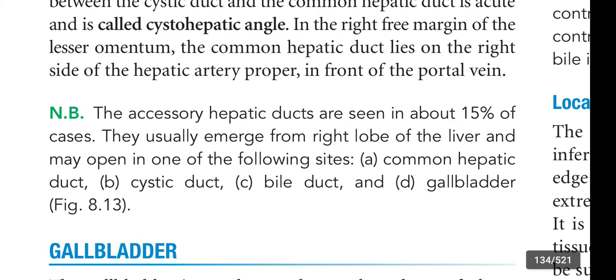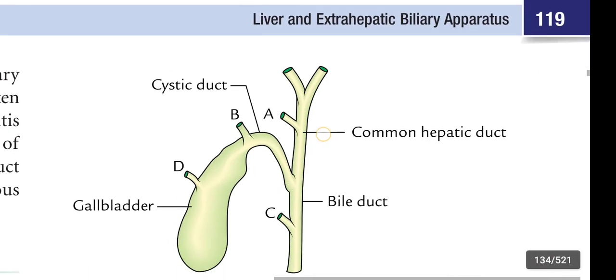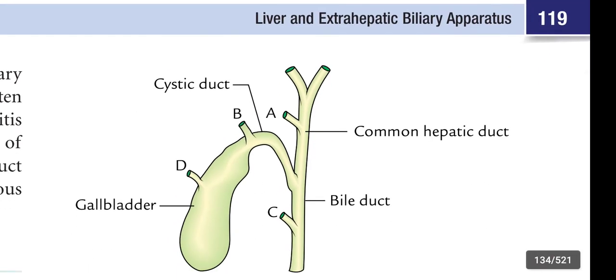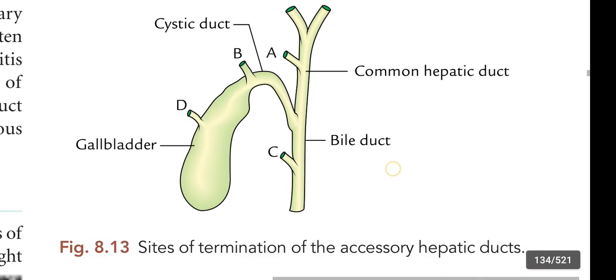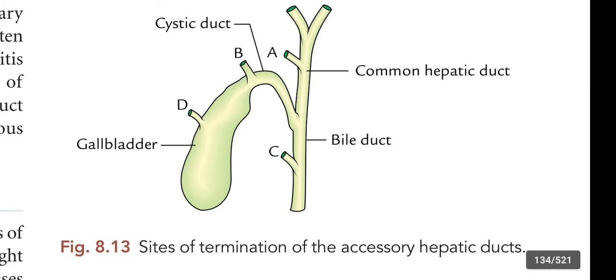Coming to the figure, this is the figure that shows the termination of the accessory hepatic duct. The accessory hepatic duct arises from the right lobe of the liver.